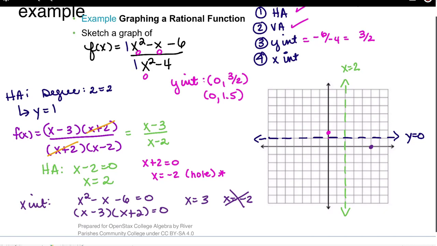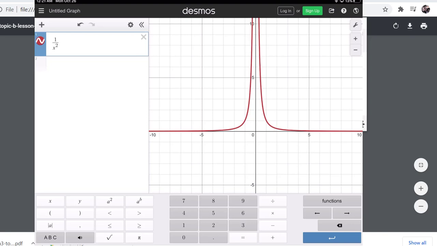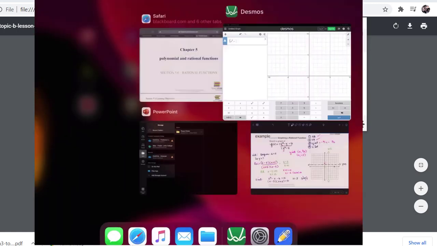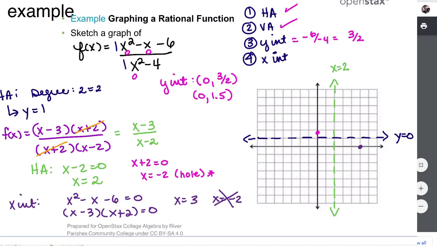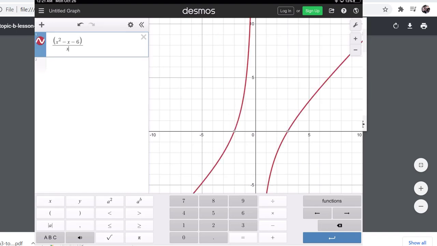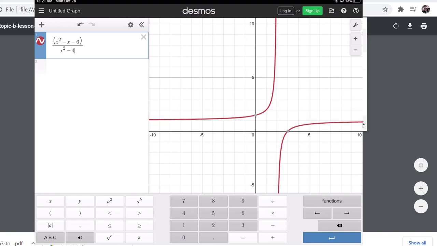Alright, so now that we've got all of that plotted, then what I would do is I would go into Desmos and I would put in the equation. So I had x squared minus x minus 6, and then divide that by x squared minus 4.